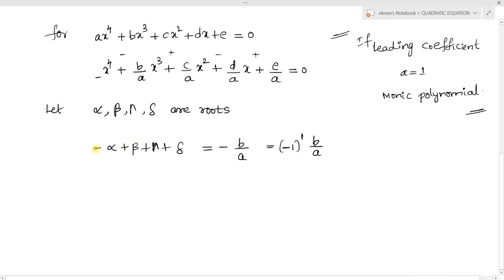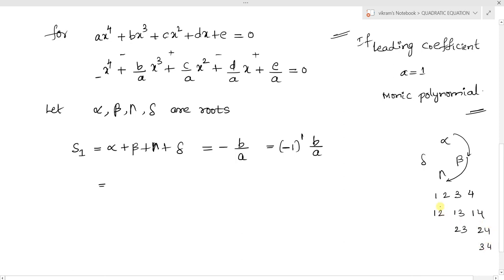Now I can write this as the sum of the roots taken one root at a time. The next one is the sum of the products of the roots taken two roots at a time. It is better to consider this in a circular manner. For example, with 1 2 3 4, we get 1 2, 1 3, 1 4, next 2 3, 2 4, next 3 4.